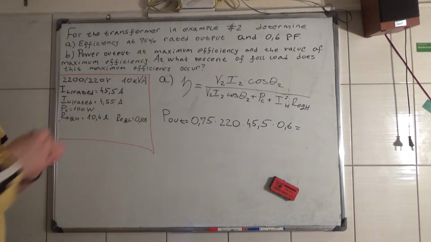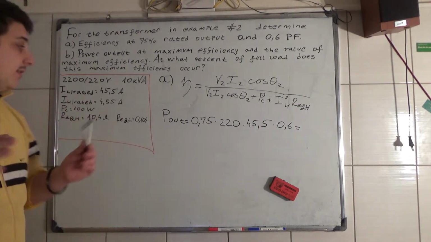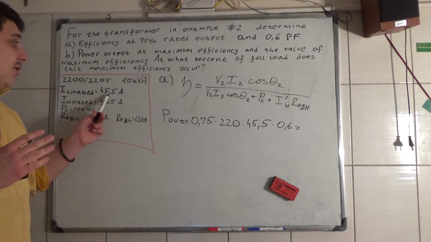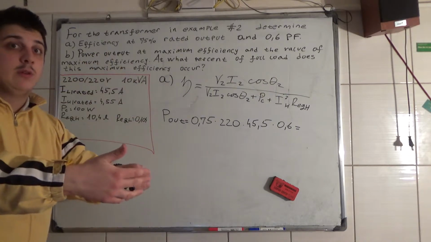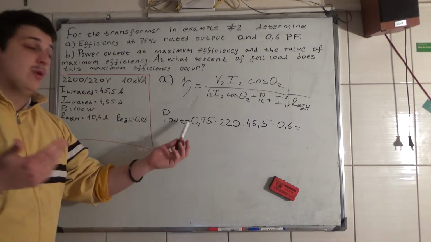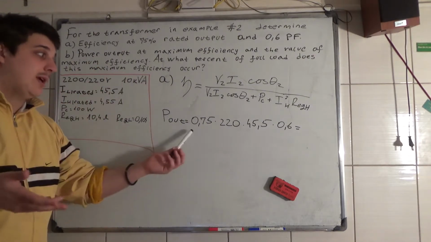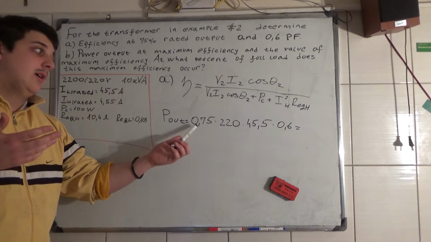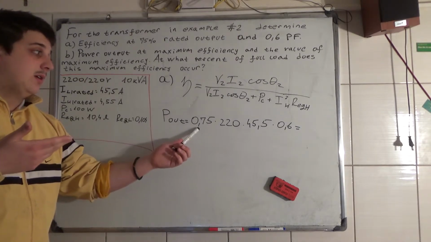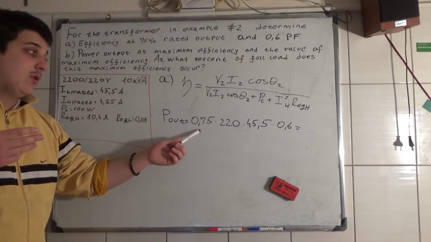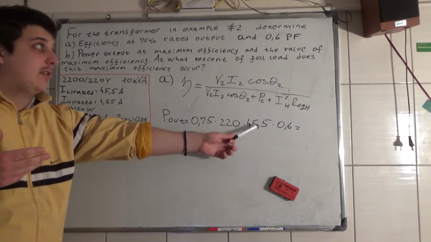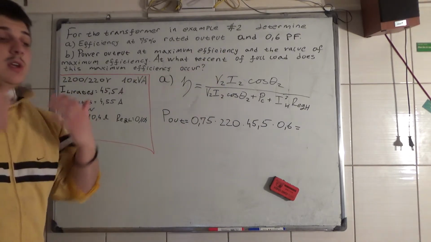The rated current is 100% of the load, 45.5, so you would multiply by 1. But it says 75% of the full load, so you have to multiply by 75%, without the percentage sign, that is 0.75. And the power factor here is 0.6.